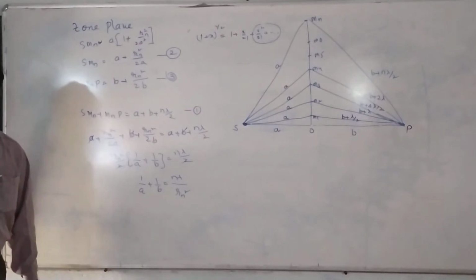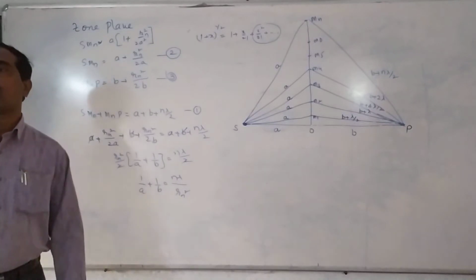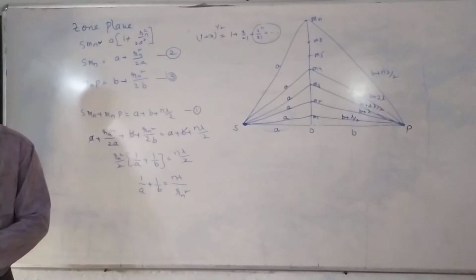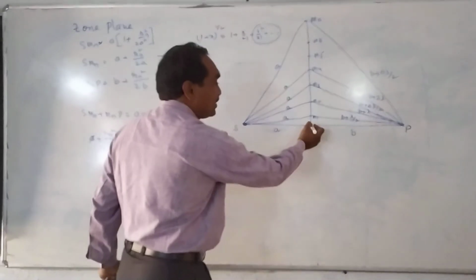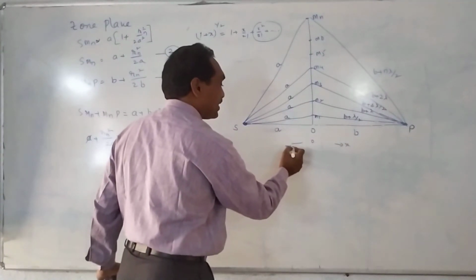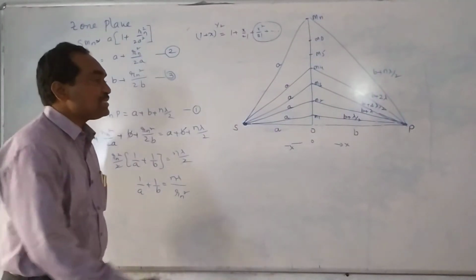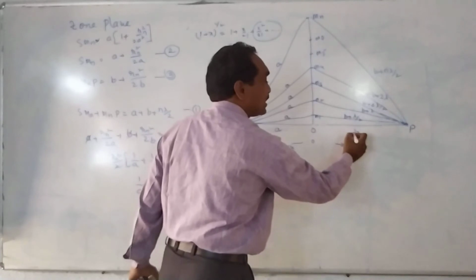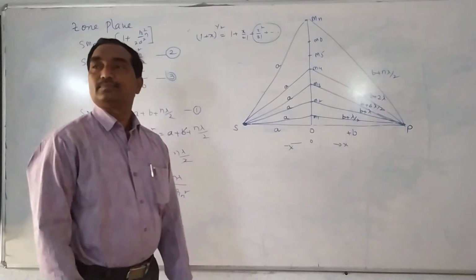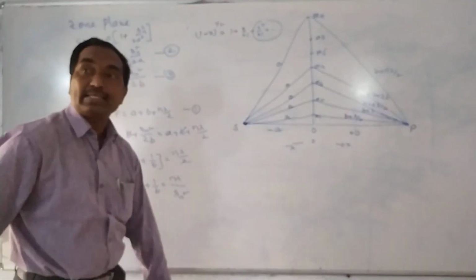Now once again we want to go into this ordinary coordinate system. If this is taken as the origin, this is the positive x-axis and this is the negative x-axis. We know in the sign convention, if it is along the positive x-axis it is taken as plus, and if along the negative x-axis it is taken as minus A. That is called sign convention.